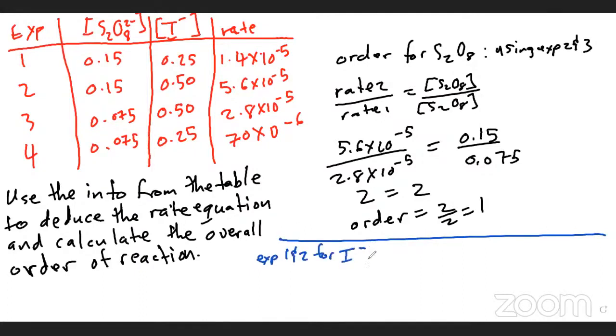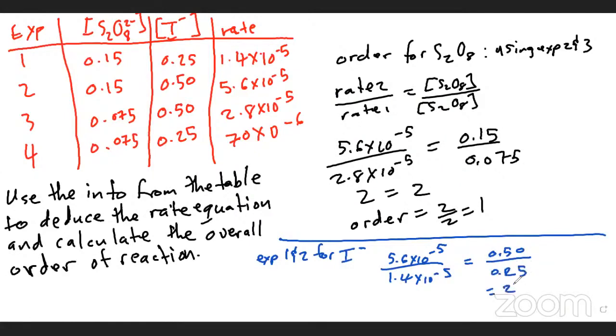So it would be 5.6 times 10 to the minus 5 over 1.4 times 10 to the minus 5, which is equal to 0.50 divided by 0.25.